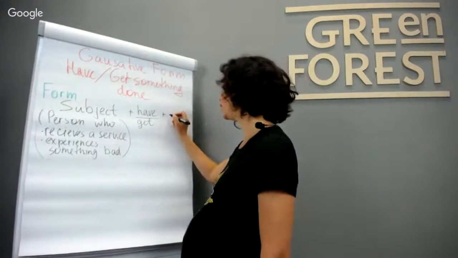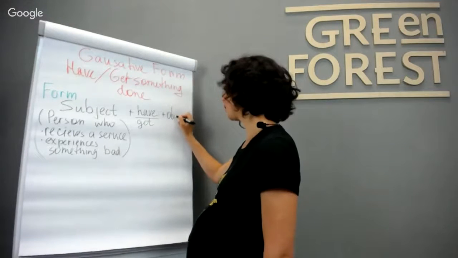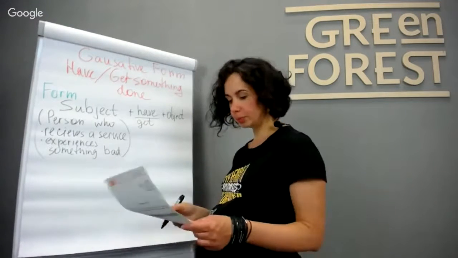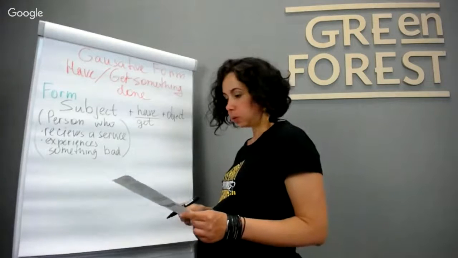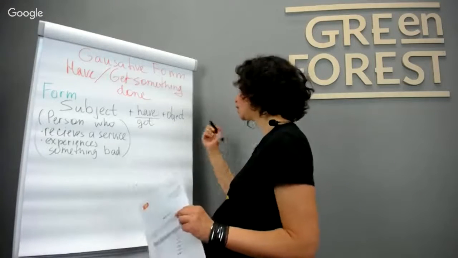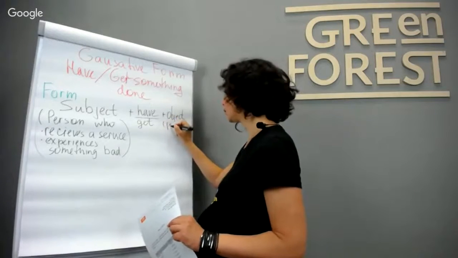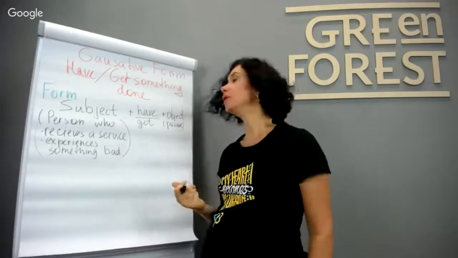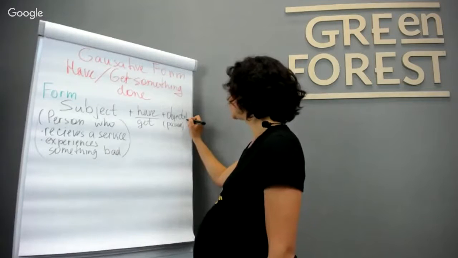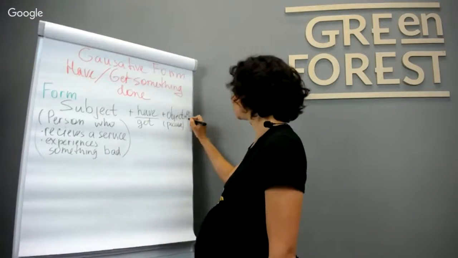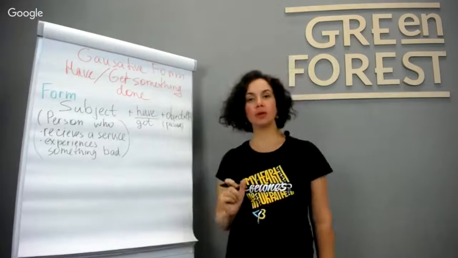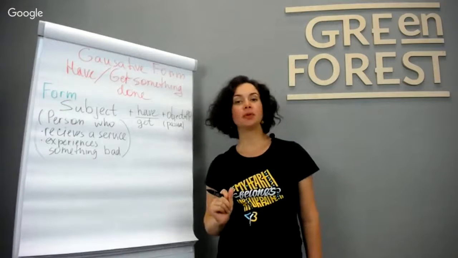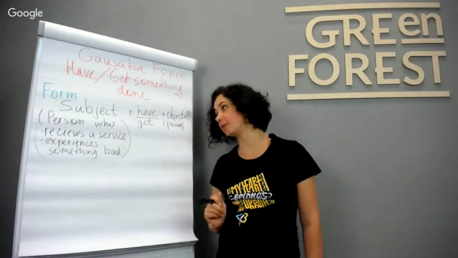After that, we need to use object. What is our object? Object, this is actually what is passive. I will write you an example and you will see. And at the end, we use past participle. Past participle, this is verb with the ending ed or third form of irregular verb.